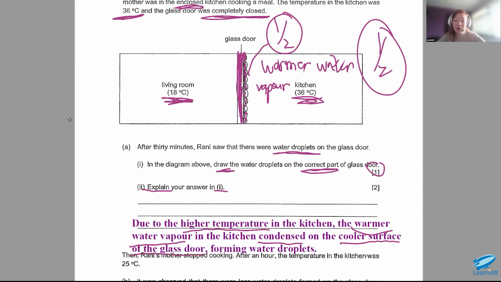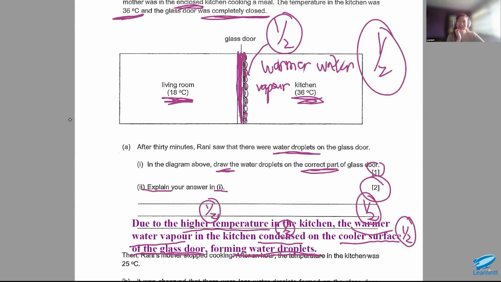So you have to tell me where is the cooler surface as well, forming water droplets. Where do you get 2 marks? Half mark for higher temperature, half mark about warmer water vapor, condense on the cool surface. But the cooler surface is on the door, another half mark here. Altogether is 2 marks.